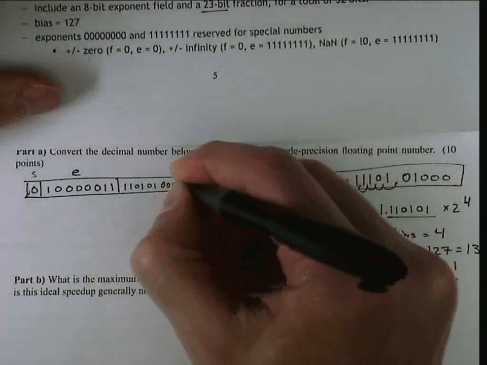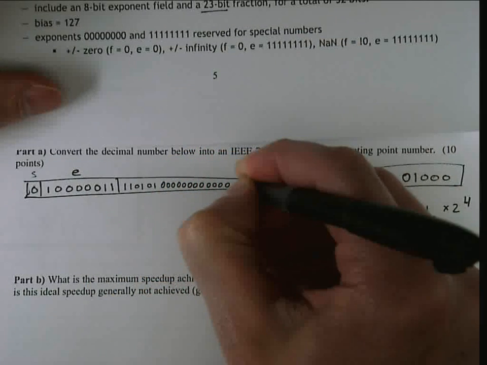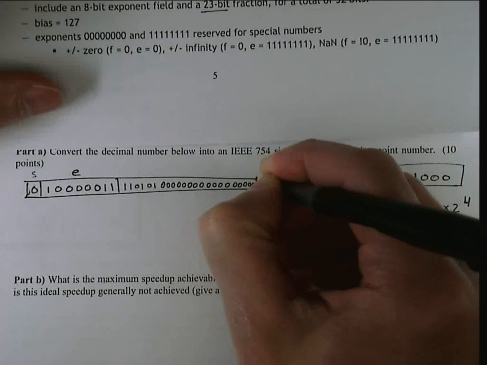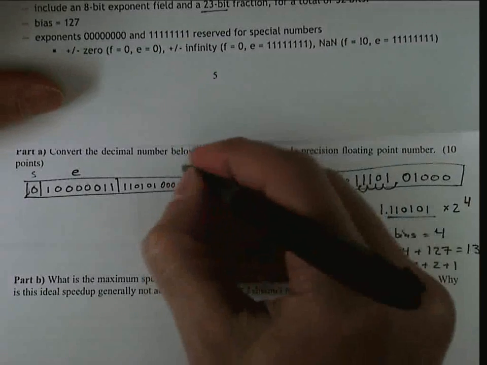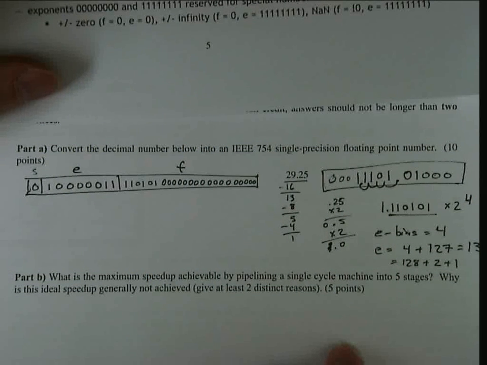So 1, 2, 3, 4, 7, 8, 9, 10, 11, 12, 13, 14, 15, 16, 17. And there is my IEEE 754 single precision floating point number.